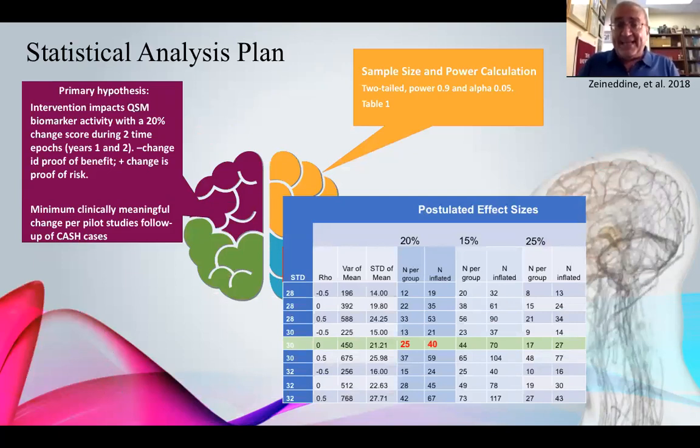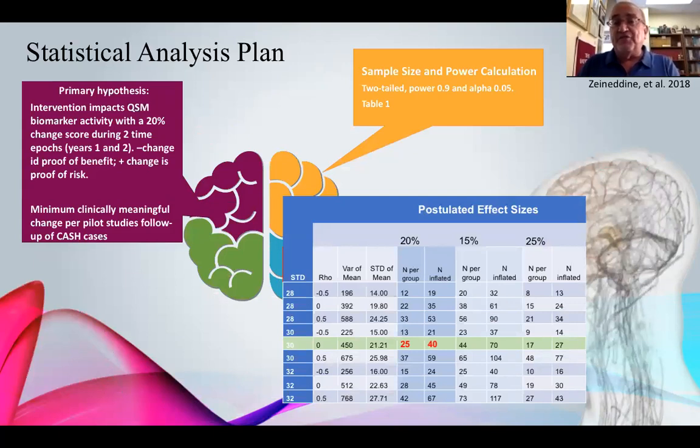The 40 cases allow for about a third of the patients to have missing data. They couldn't travel, they bled, or something happened, and yet we can still find an effect of the drug. And we will be able to detect an effect as little as 20%.